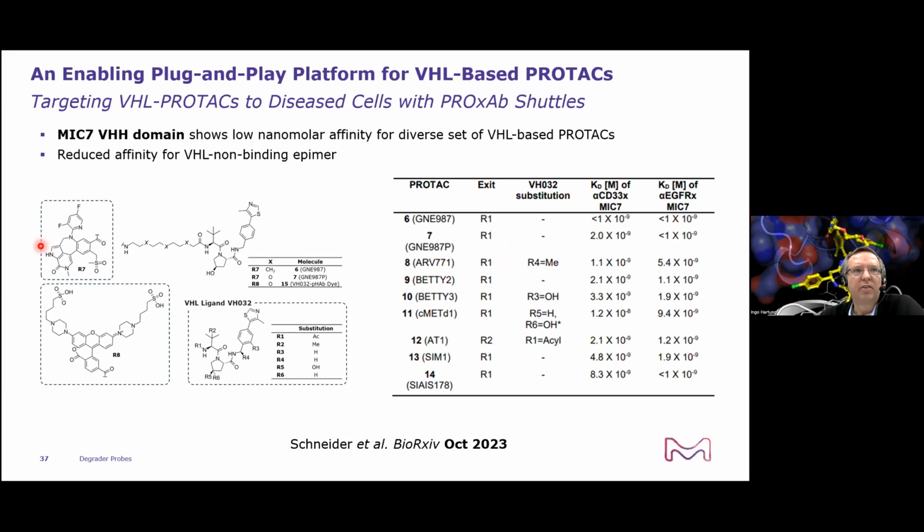What was used is exactly the same PROTAC I had shown you previously. So this BRD4 PROTAC, which was published by Genentech, has highly sub-nanomolar affinity to the MIC, which was selected here. And then they looked at some variations of the VHL part.